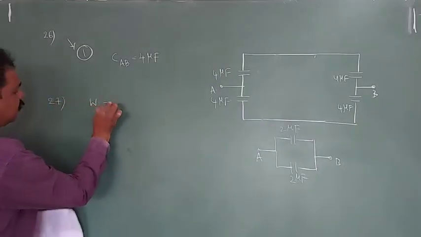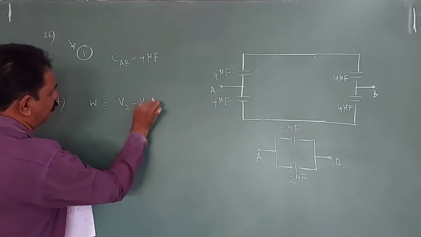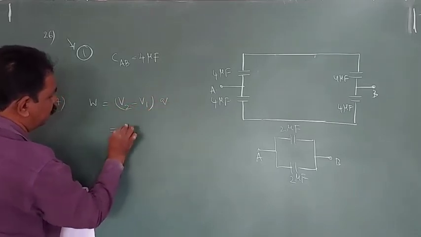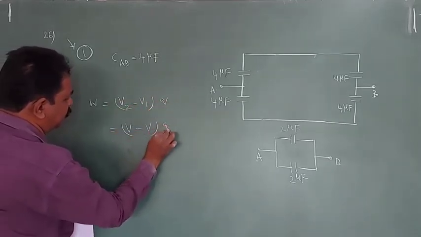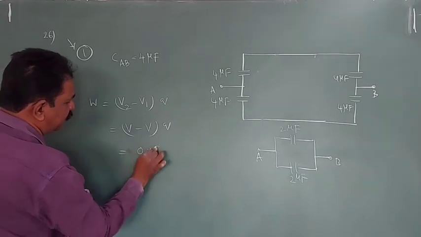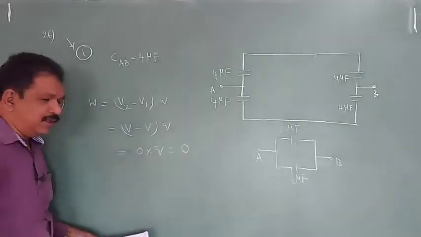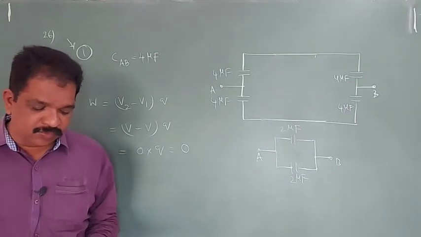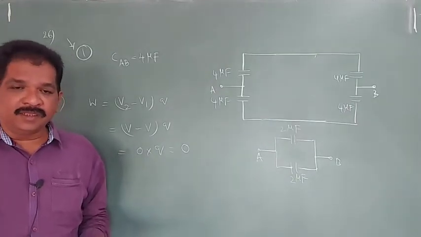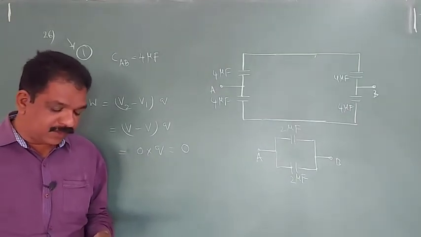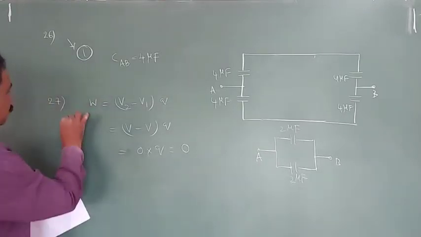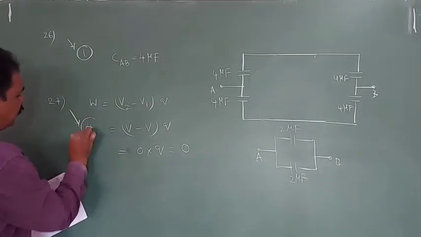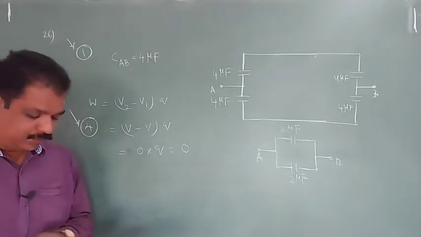W is equal to V2 minus V1 into Q. This is V minus V into Q, 0 into Q, that is 0. Work done to move the charge on the equipotential surface is 0. 27, it will be 4.